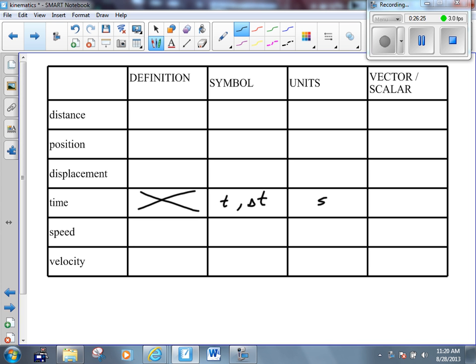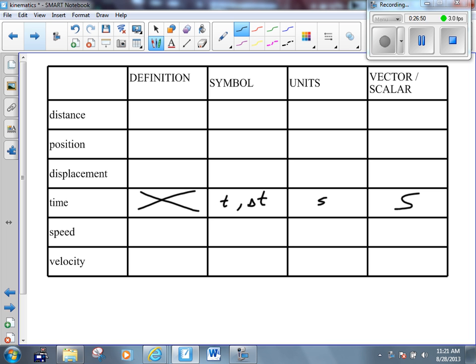Take a look at the symbol there and tell me whether it's a vector or a scalar. Is there an arrow over it? So it's a scalar, right? Time is a scalar. Logically, do you put a direction with time?